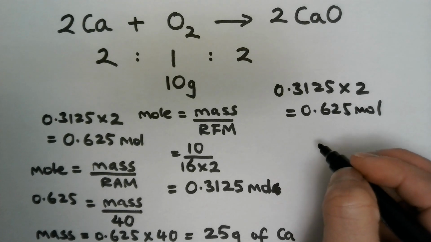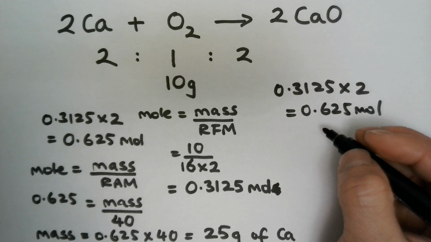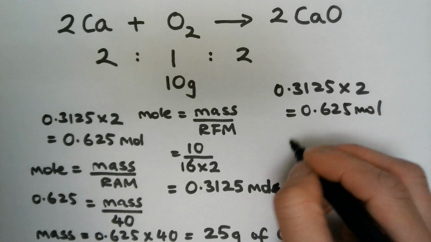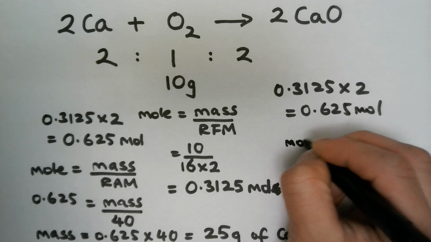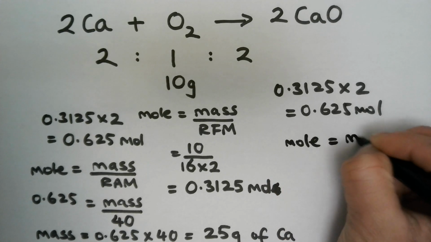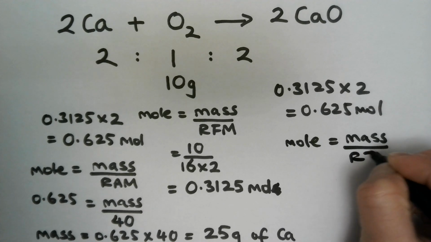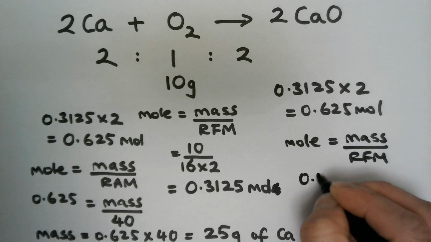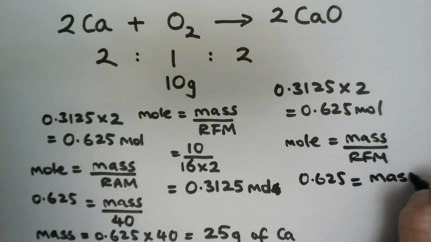Okay, and then from there, I need to work out the mass of calcium oxide. So if we have moles equals mass divided by the relative formula mass, the number of moles is 0.625. I need to find the mass.